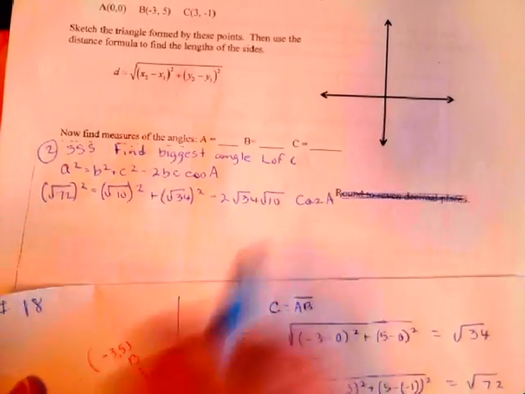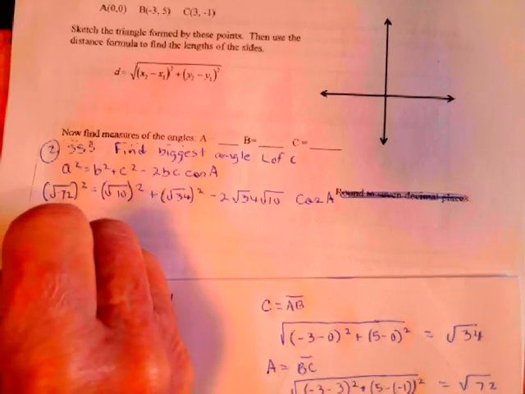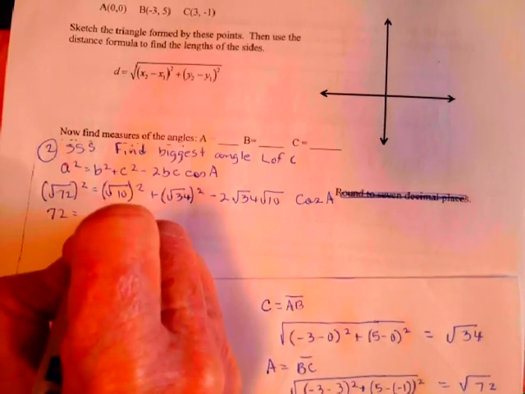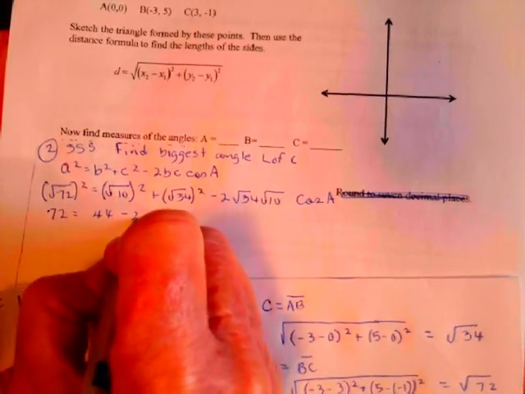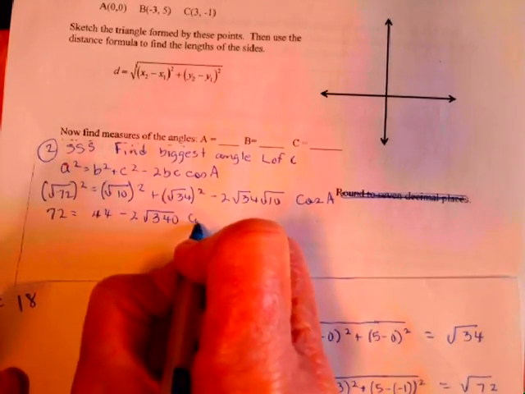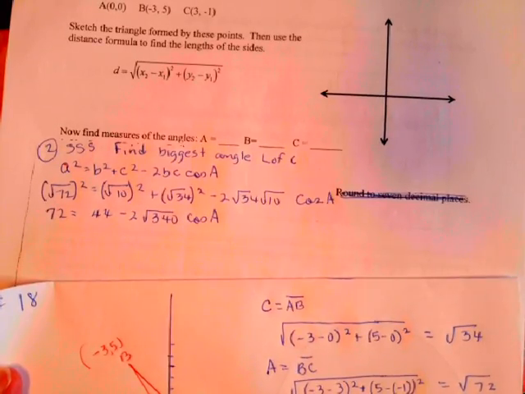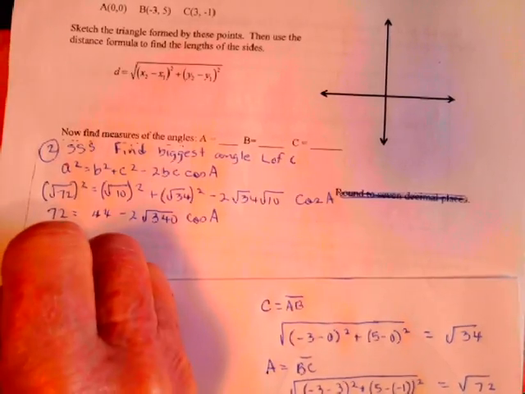Just mark that out where it says round to 7 decimal places. We don't need that on there. That tells me 72 equals 44 minus 2 times the square root of 340 times the cosine of A. Subtract 44 from each side.